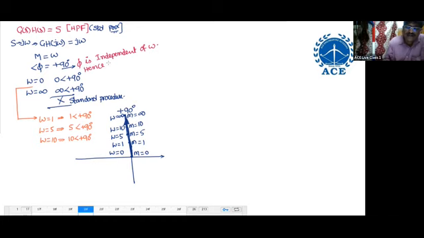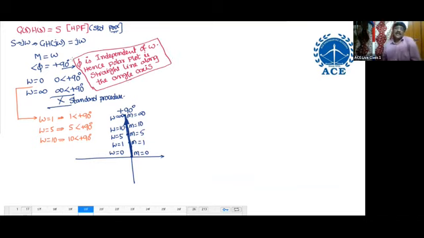Hence, the polar plot is a straight line along the angle axis.